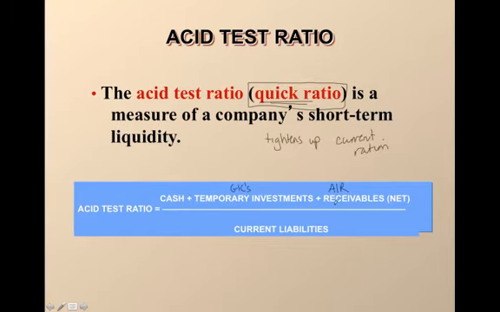Because these things, receivables and temporary investments and cash, can be converted to cash much faster than things like inventory. So those current assets that can be converted to cash quickly, divided by current liabilities, will give you the quick ratio. And like I said, this tightens up the current ratio.